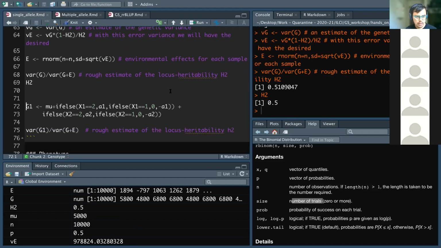The bigger the population, the closer the number you estimate for the broad sense heritability is going to be to the real heritability, that is 0.5.